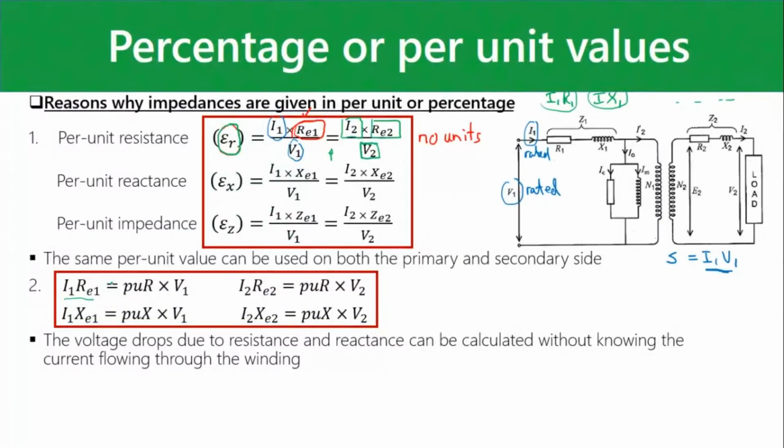But if you have these per unit numbers, all you need is that per unit number, that would be your R, and multiply it by the input voltage. And that's going to give you the same voltage as this one. If you had your epsilon X here, you just multiply it by V1, and it's going to give you the volt drop across the reactance in the primary. But you don't even have to know what the current is. So in practice, it's a useful number to use.